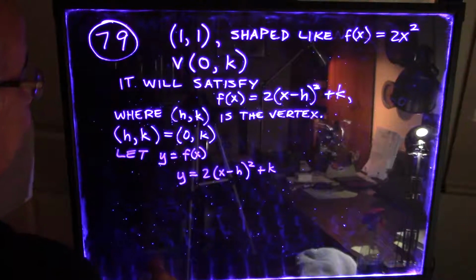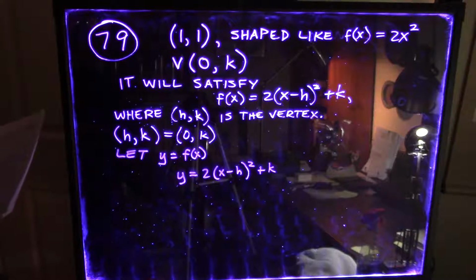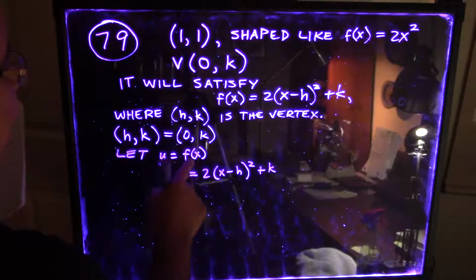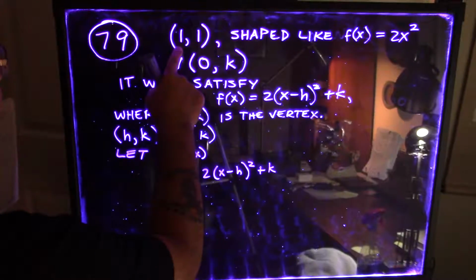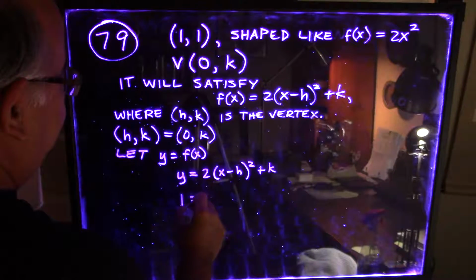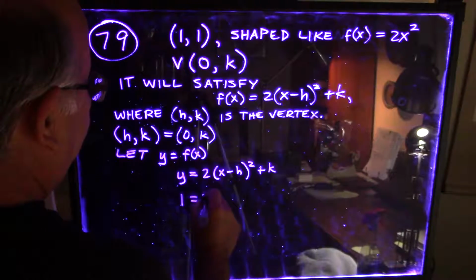Alright, and now we plug in. Remember that this is kind of like what we did before in some of the problems. Plug in what you have. You've got x is 1, y is 1, so you let y equal 1. We know that point is on this graph, (1, 1).